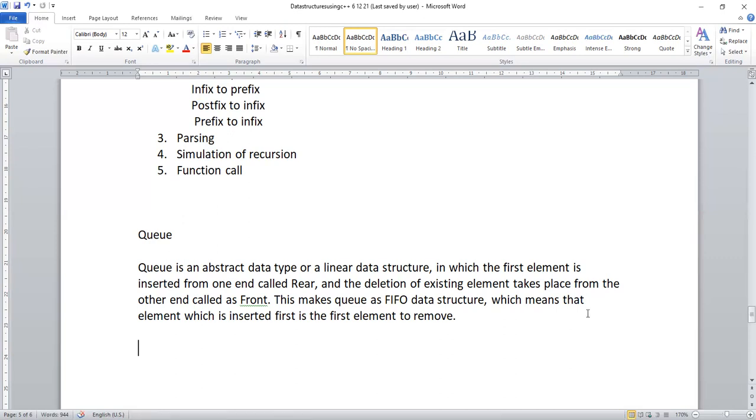So what are the basic features of a queue? Let's see.